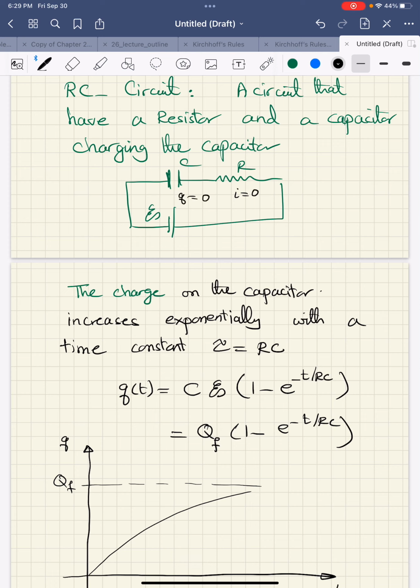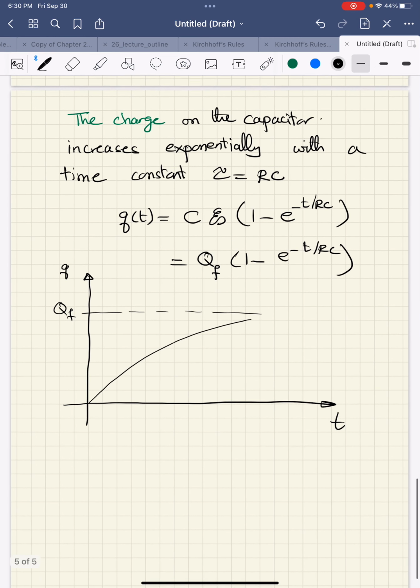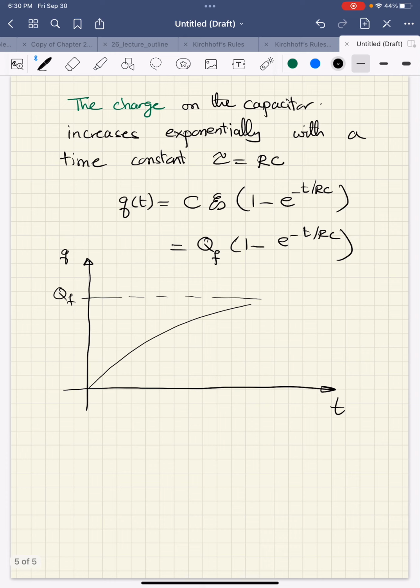But then we will see that the current and the charge on the capacitor are going to increase. At some time when we close the switch, the current goes, and the Q builds up.